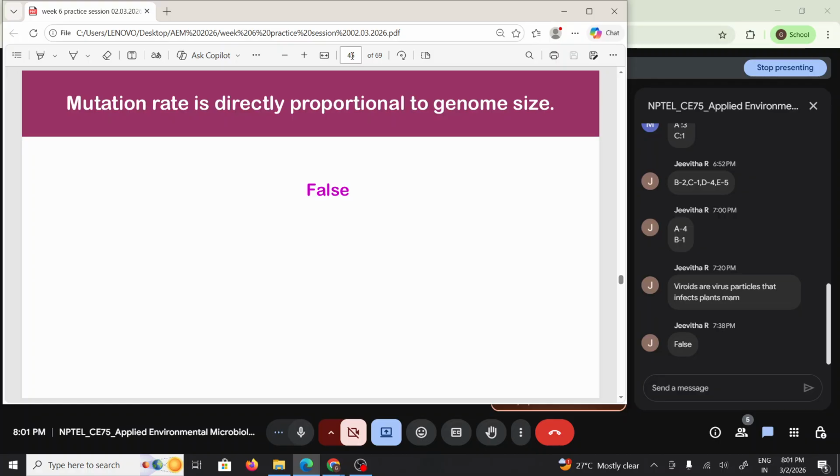This statement is again false. Mutation rate is not directly proportional to the genome size. In some observations, they have observed the opposite, where it is inversely proportional. And henceforth, they suggest that the mutation rate remains the same only. Based on the genome size, the effect gets magnified or non-magnified. So that is the point here.